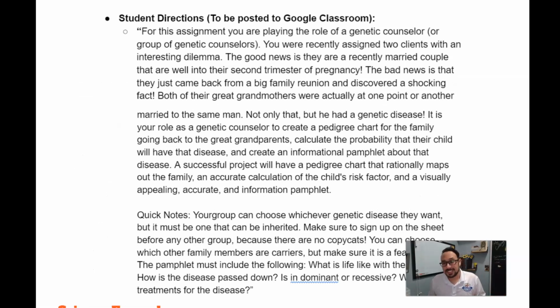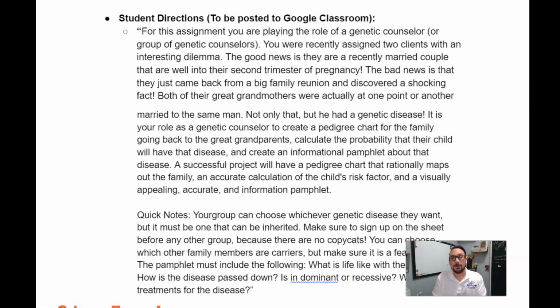All right. Here's a very interesting science example. So in this case, again, you can pause it, but what the students ultimately create is a pamphlet about a genetic disease. But the situation that this teacher created is a very fascinating one, where the student is a genetic counselor, and they encounter a couple who find out that both of their great grandmas were at one time married to the same man who had a genetic disease.